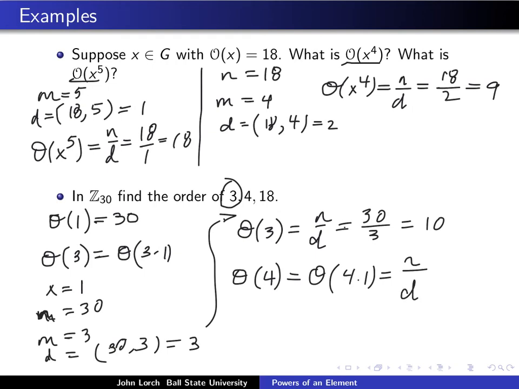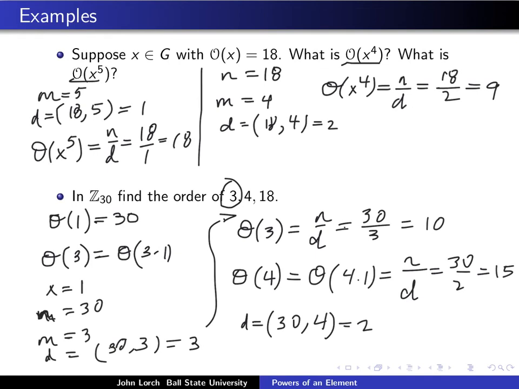Now d is the greatest common divisor of 30 and 4 this time. And that common divisor is going to be 2. So that's 30 over 2, and that's 15. So that should be the order of 4.